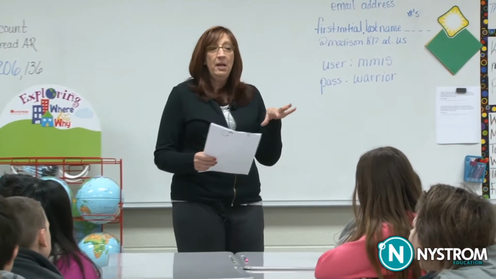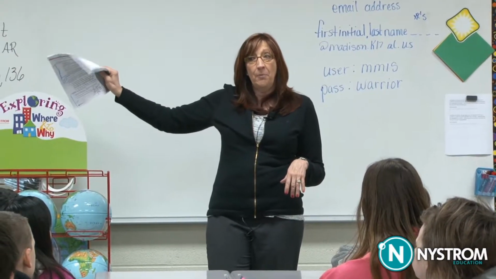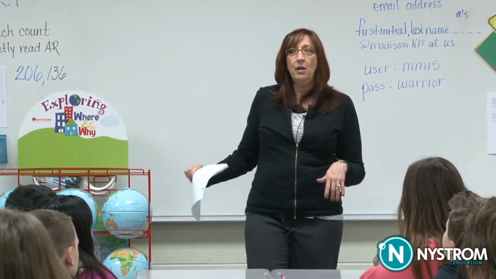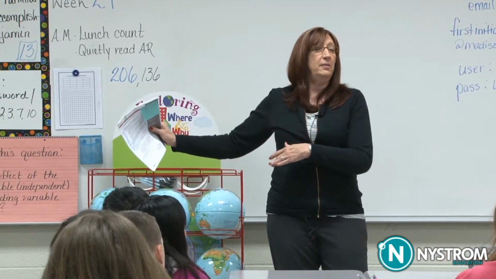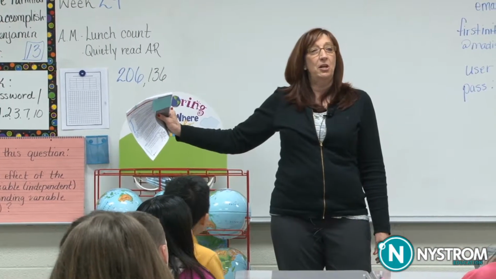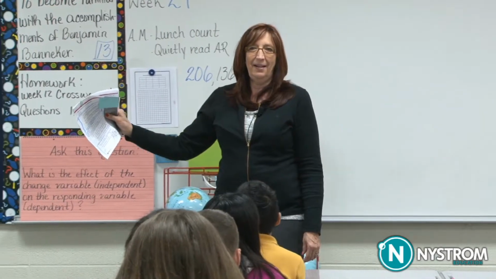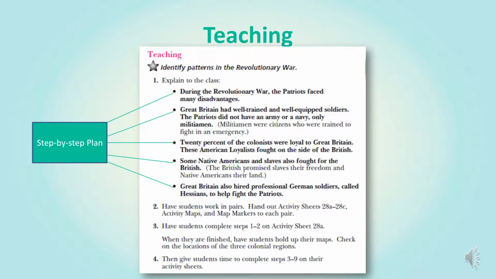And then there were some people who didn't want to fight for the colonies because, remember, they came from Britain, or at least their parents did. So they kind of wanted to stay and fight for Britain. And if they fought for Britain, they weren't patriots. They were called loyalists. You remember that word, loyalist? Yeah, great job.